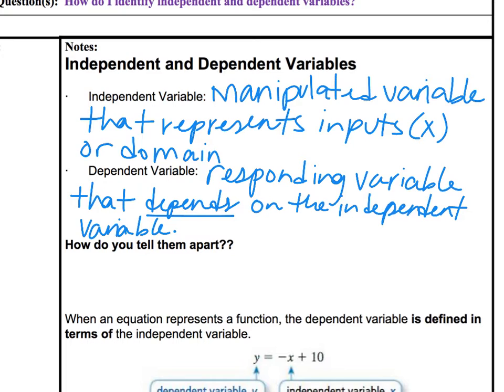And it represents the outputs, which would be y, or the range.